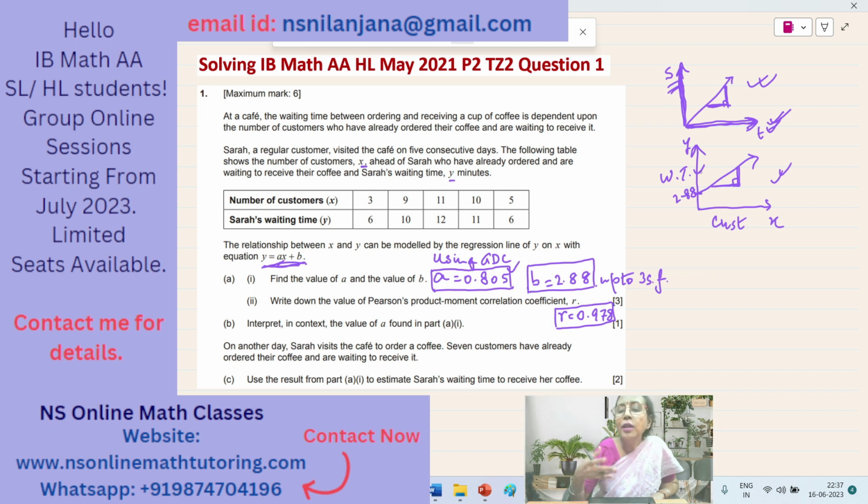Okay. So now in this case, we are saying the gradient is positive. That means the waiting time is increasing. So what can we say? It is the increase in the waiting time as the number of customers is increasing.